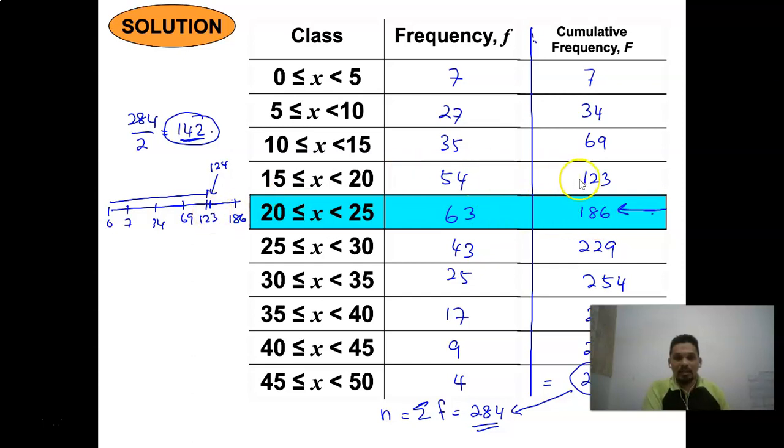So from cumulative frequency, we accumulate from one frequency to another: 7, 34, 69, and 123. So we begin with 124 up to 186, and 142 lies in between 124 and 186. So it lies here.